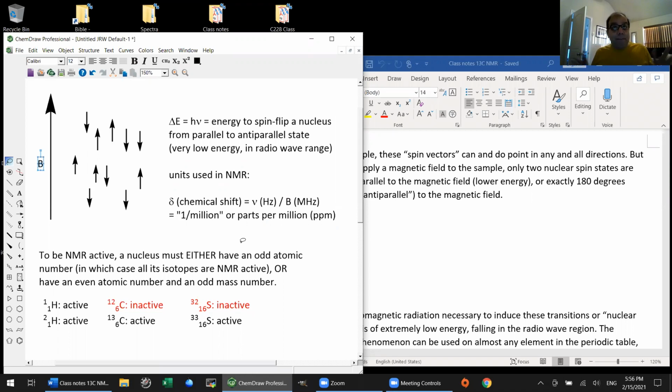And the typical range of parts per million depends greatly on the nucleus. In carbon-13 NMR, I think you'll find typical chemical shifts are going to be from 0 up until around 210, 220 parts per million.